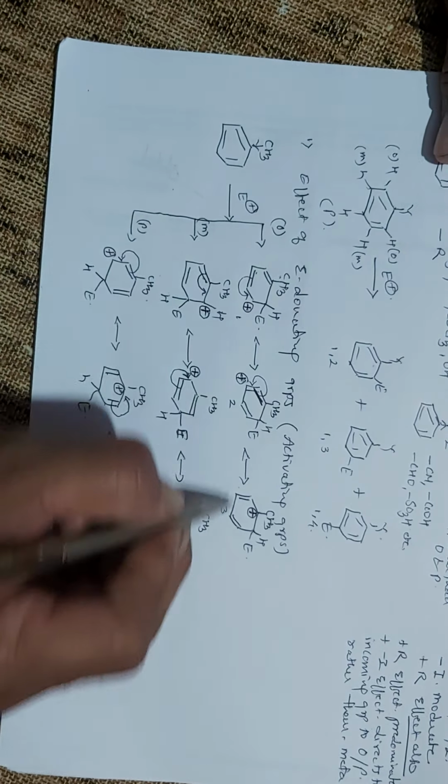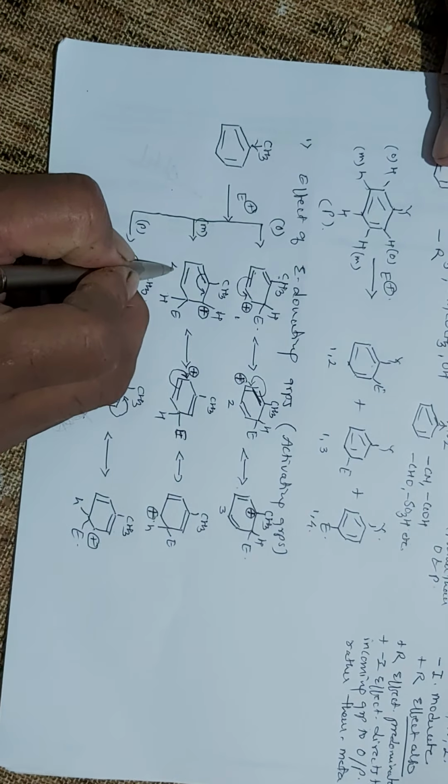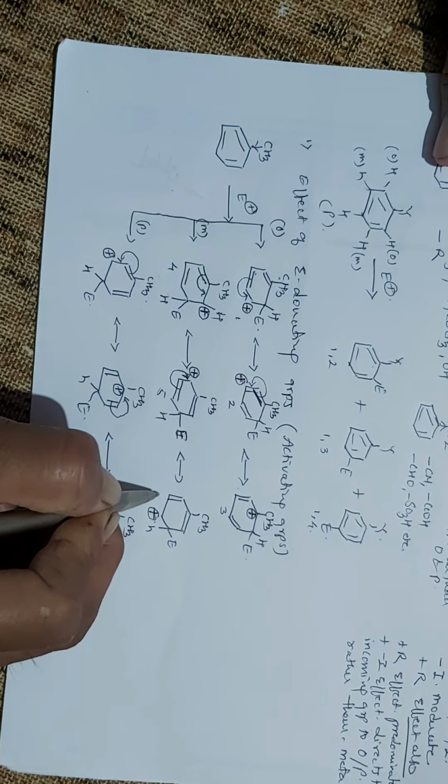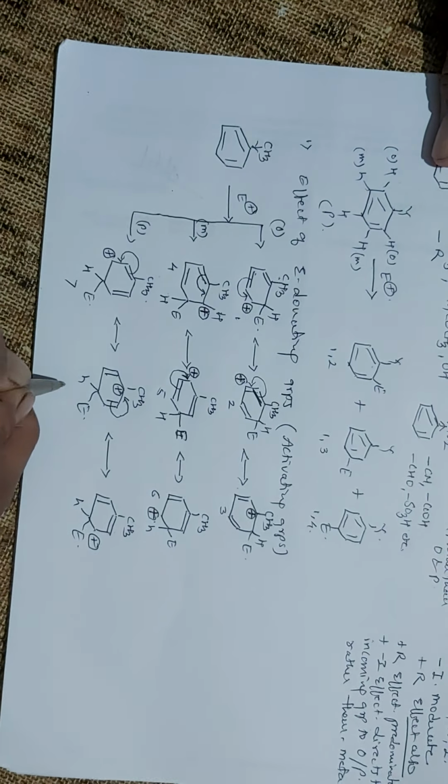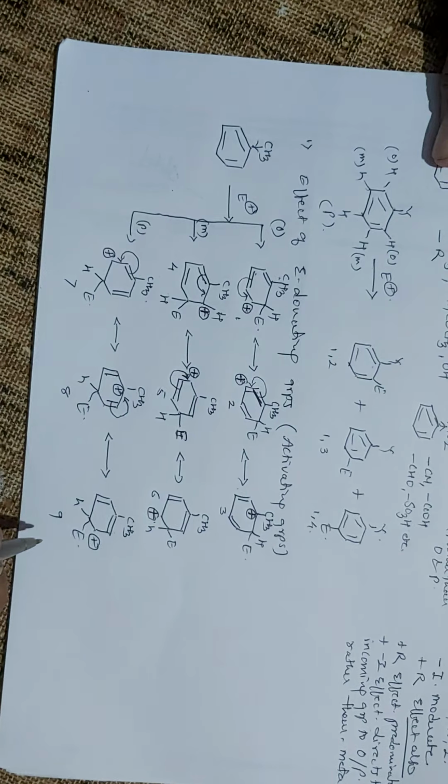Here these are the three resonating structures. So this is number 4, this is number 5, this is number 6, this is number 7, this is number 8, and this is number 9.